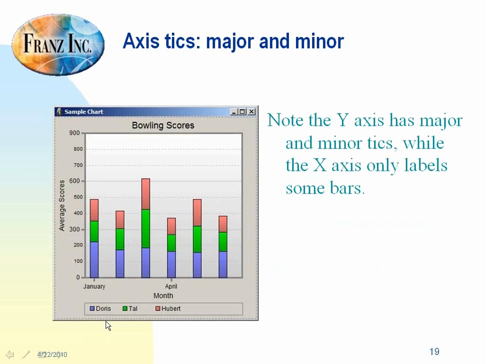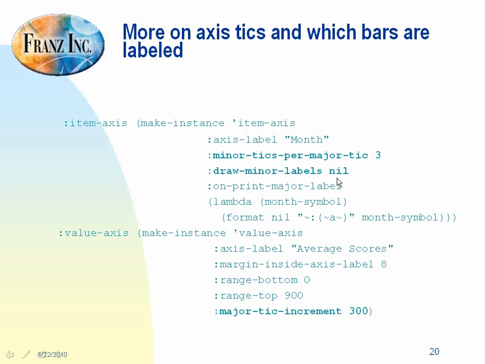The name may not be entirely clear. It says you want 3 items, 1 major tick, then you'll have 2 minor. So what it's saying is the major is divided into blocks of 3. That's what that 3 indicated. And the major is one of them, and then the other ones are minor. And we said, don't label the minor ticks.